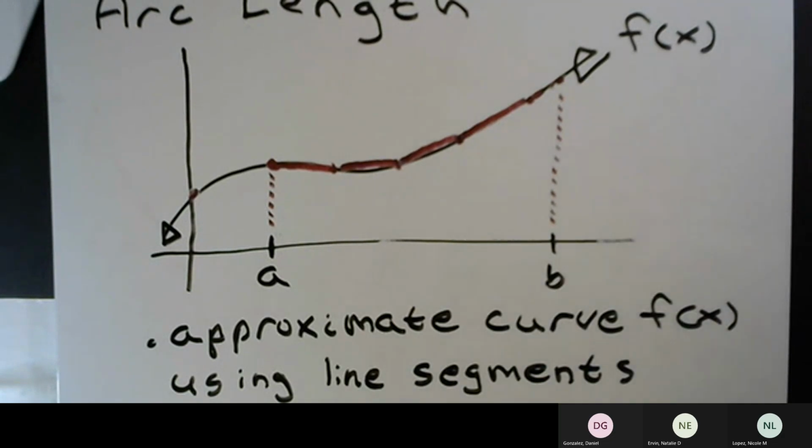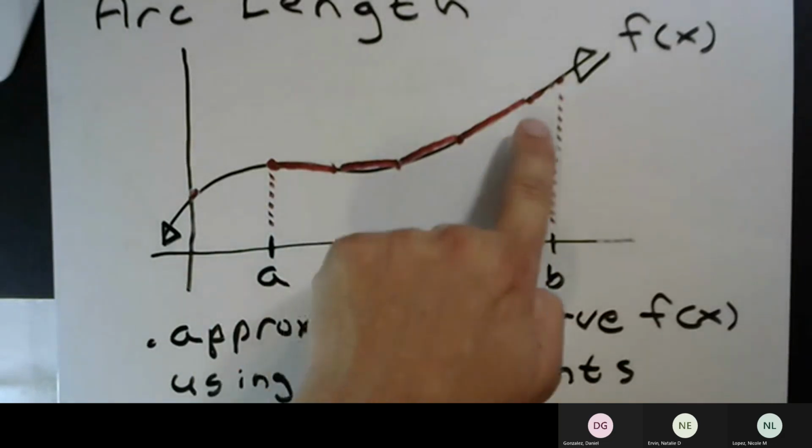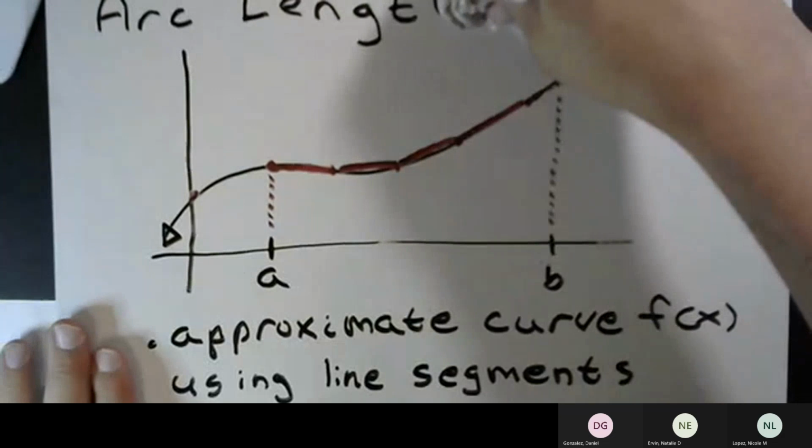So the idea here, if we have more and more smaller segments, we're going to have a better approximation of f of x. Now let's take a look at one of these segments.